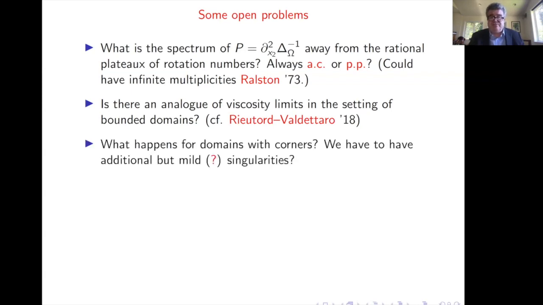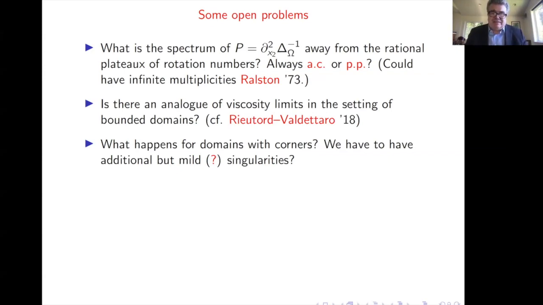And now what happens for domains with corners? Well, as I said, corners turned out to be nastier. One of the nasty things about the corners is that in the setting that I described, we actually have smoothness of the solution except at this singular set.